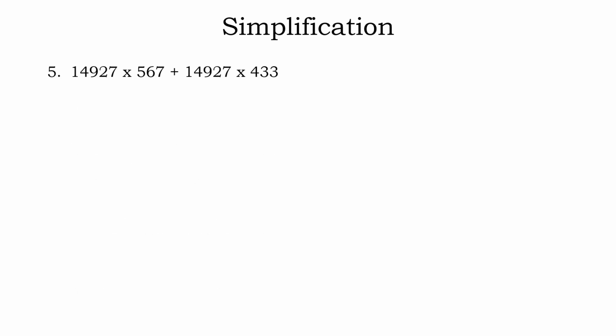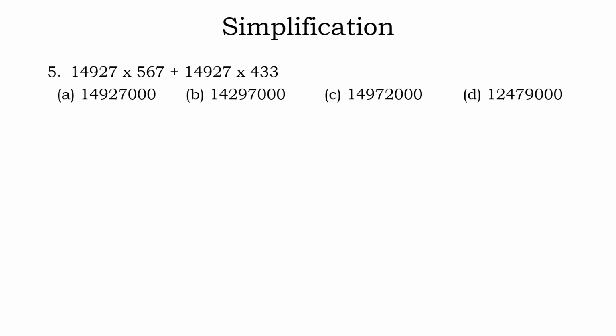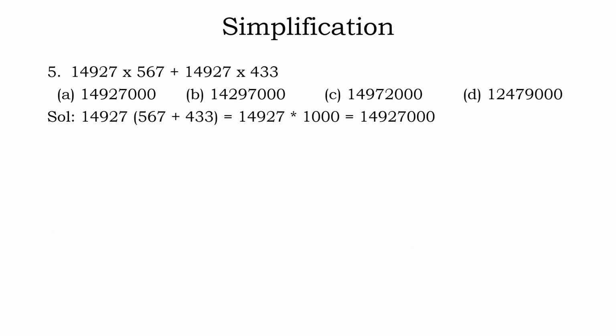Next, 14,927 into 567 plus 14,927 into 433. Now if you observe in these two, 14,927 is the common factor. So you can write this AB plus AC in the form A into B plus C. So here B is 567 and C is 433.